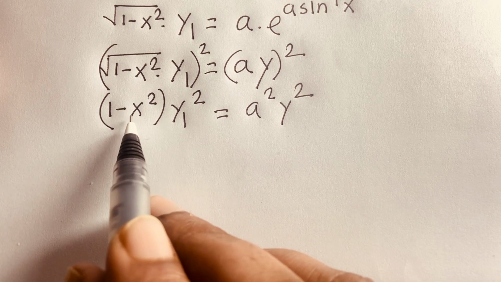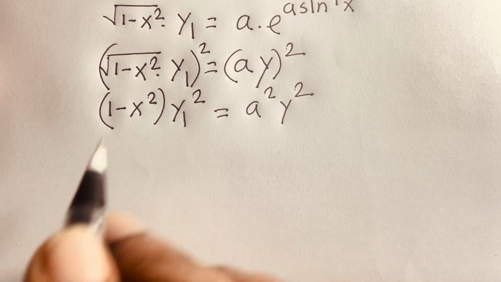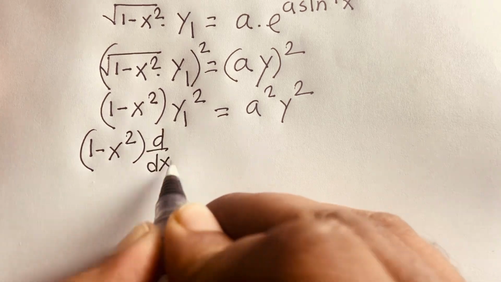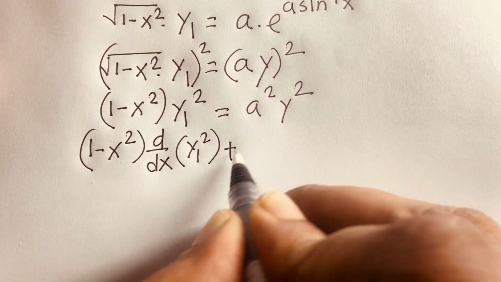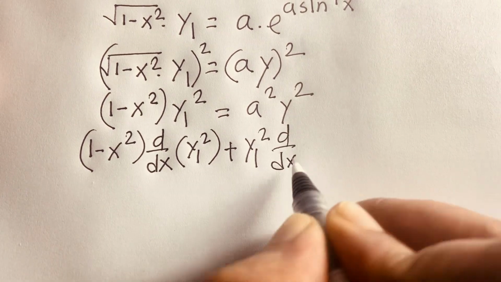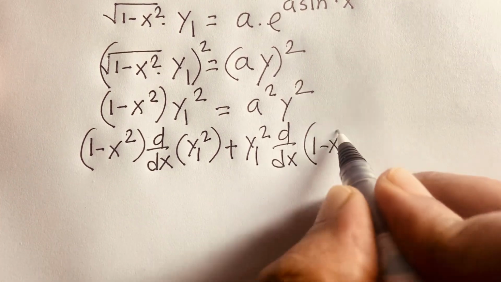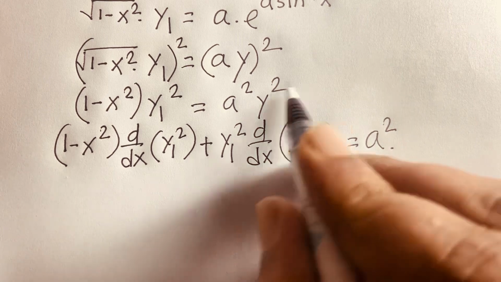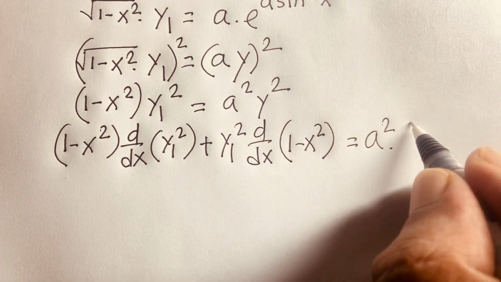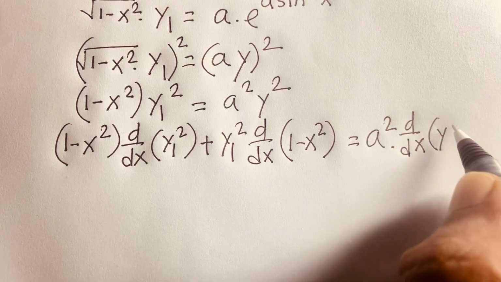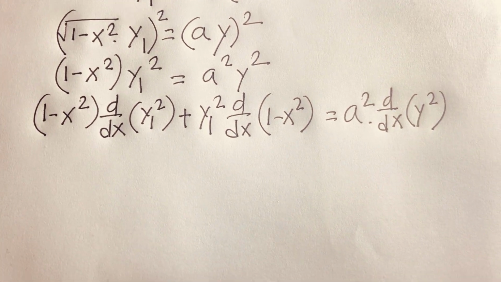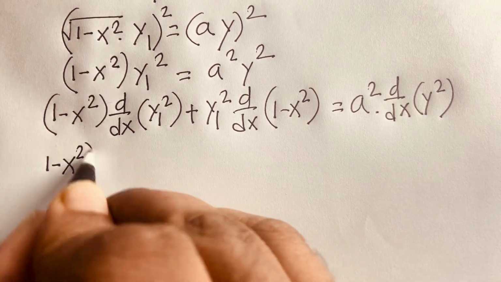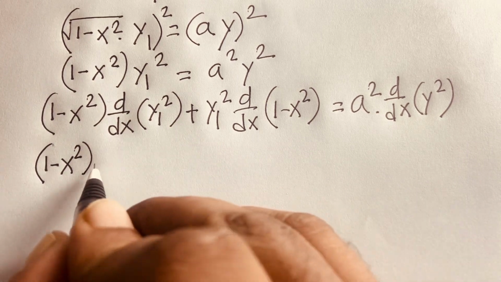The derivative of uv: u is 1 minus x squared, and I use the product rule. Here a squared is constant, so I can say a squared times the derivative of y squared.